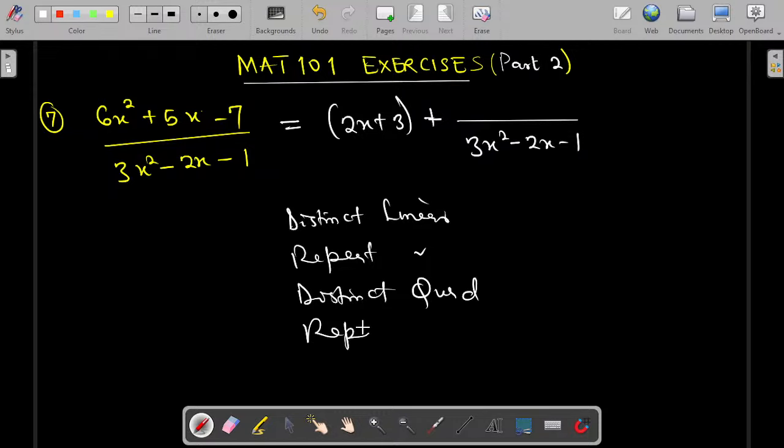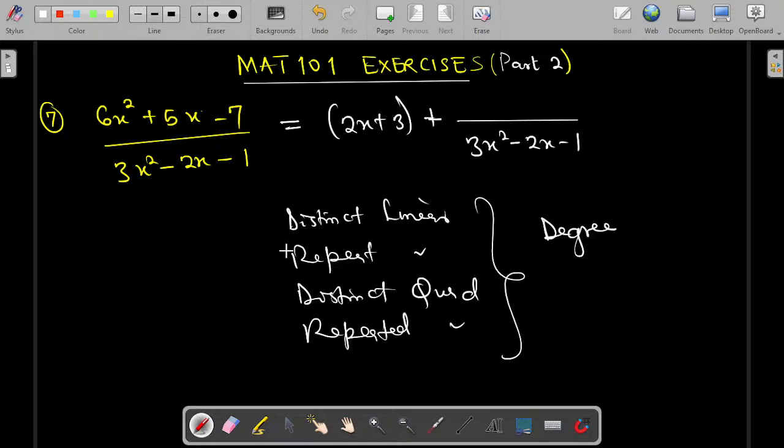These are the 4 major classes, but there is a 5th one that can take any of these forms: when the numerator is of equal or greater degree than the denominator.